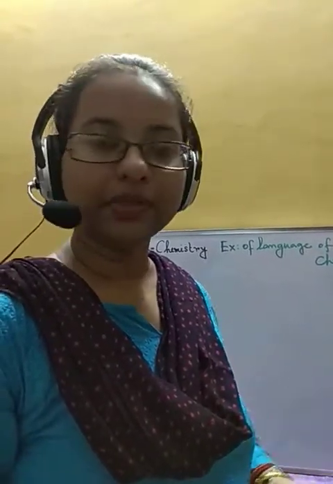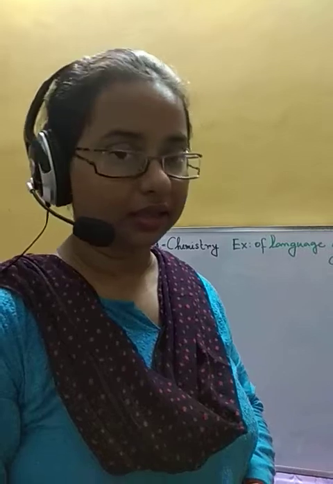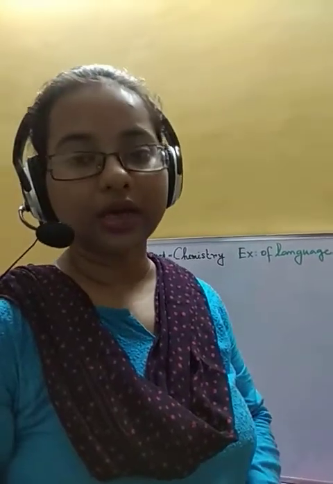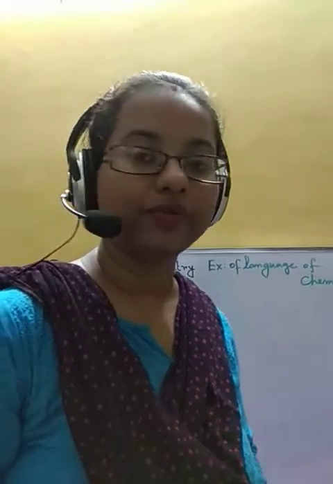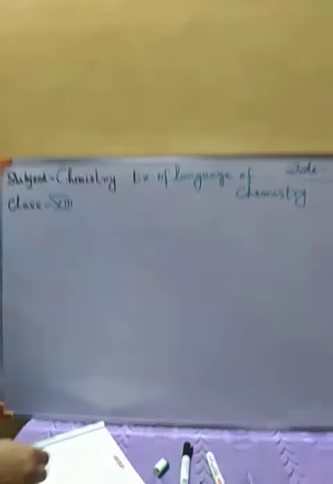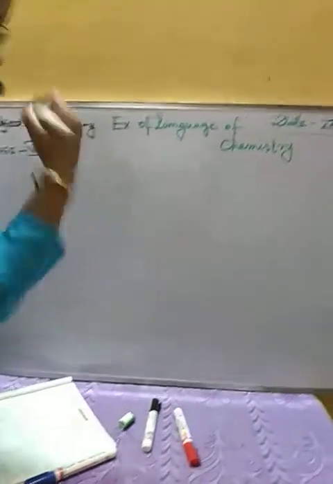Examples are required for this variable valency. There are many elements, but a common one is iron. Iron can show +2 and +3, these two valencies.